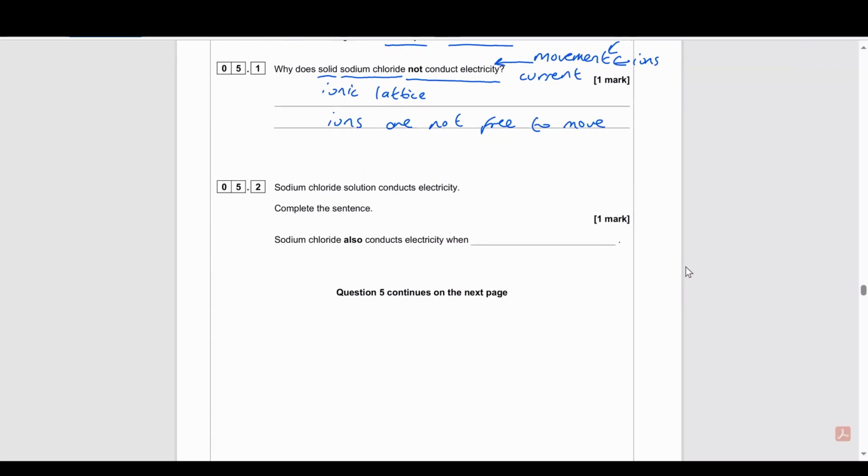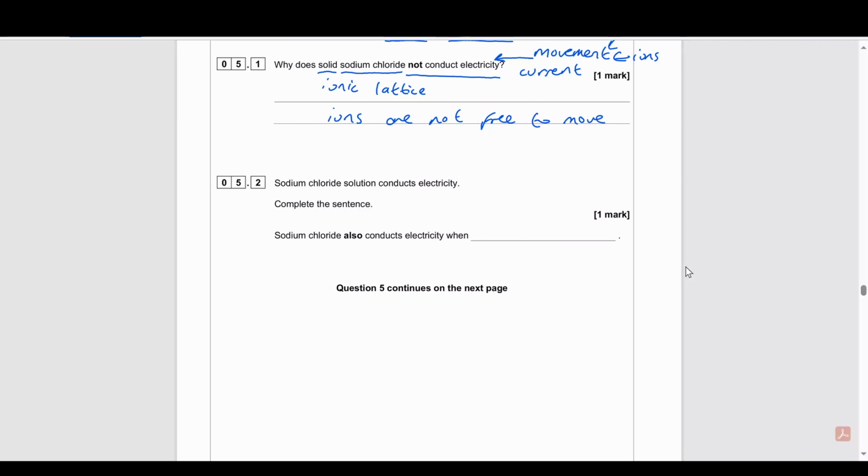5.2. Sodium chloride solution conducts electricity. Complete the sentence. Sodium chloride also conducts electricity when blank. Well, it tells us that it's a solution. So that means that something has dissolved in water.